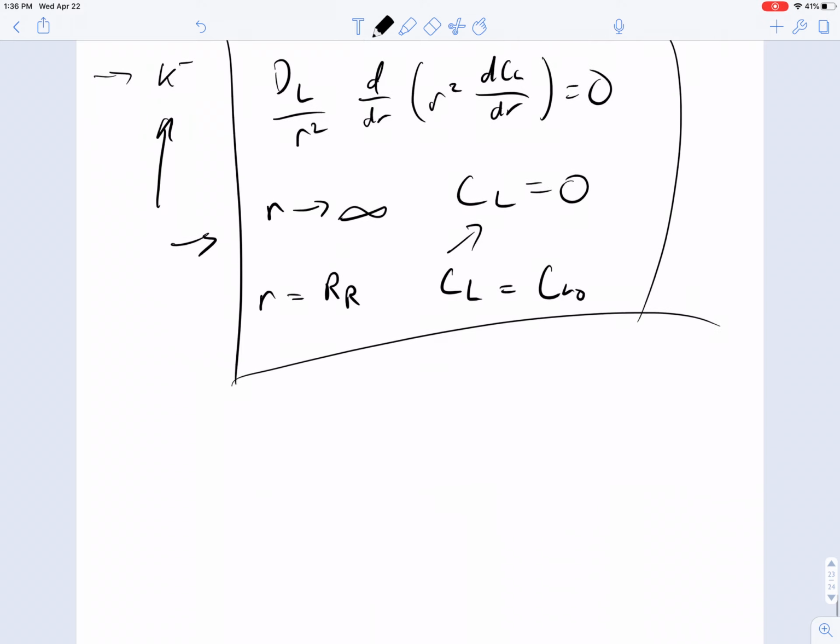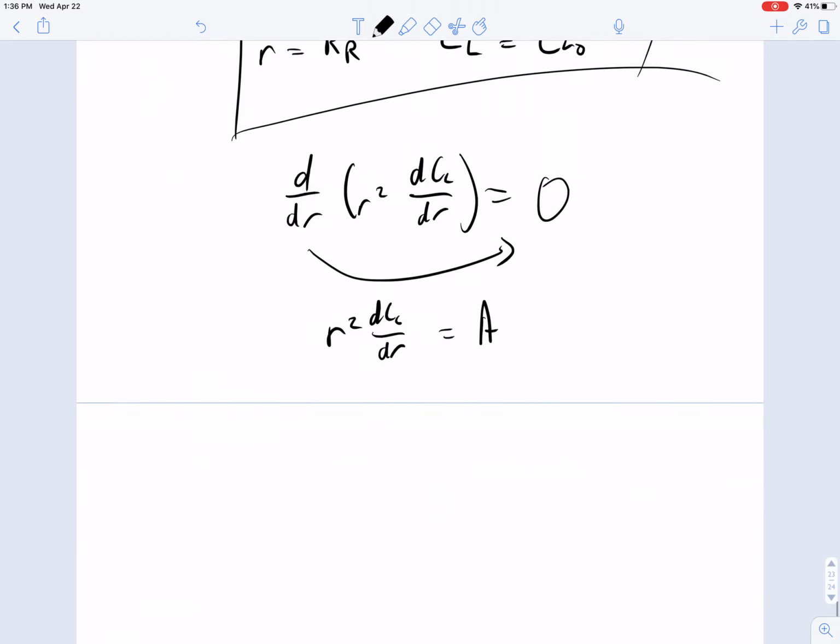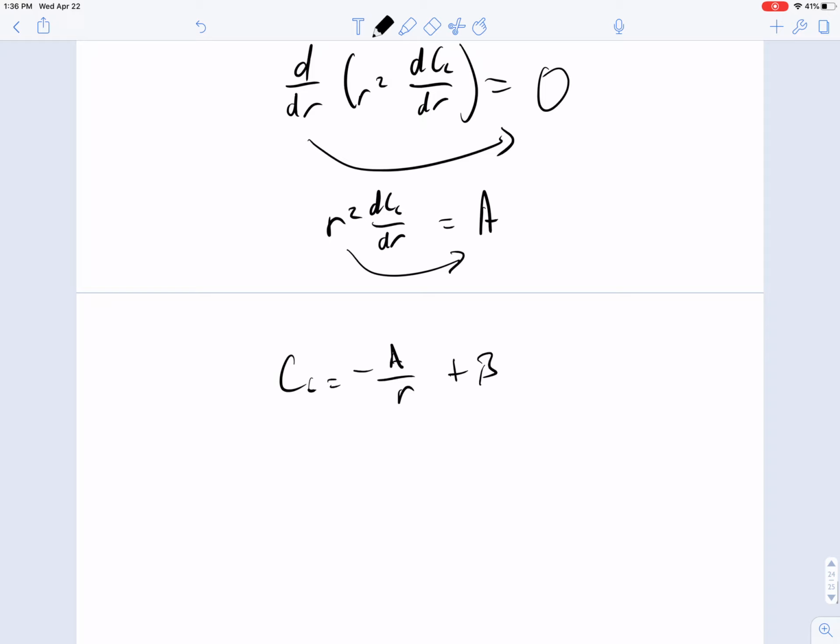So we do the same exact thing we did before. You solve this equation: d by dr of r squared dCl dr equals 0. Then you integrate this once, r squared dCl dr equals a. Then you integrate it again, and you get Cl equals minus a over r plus b.